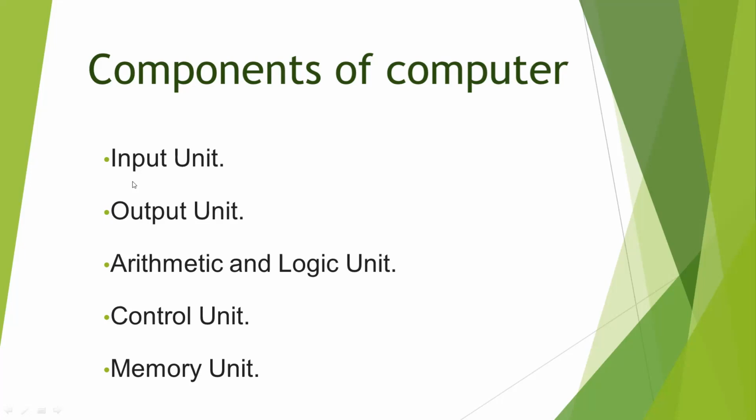But from data, we can fetch some details that we want to access. After processing, we get something from this data, that is information. So that is the difference between data and information. Clear?